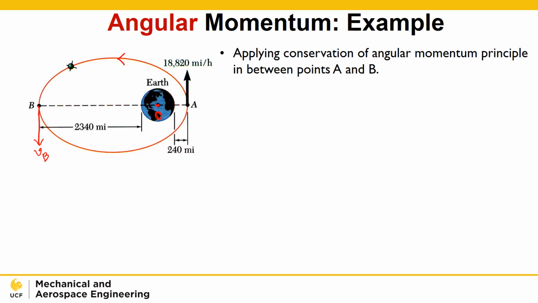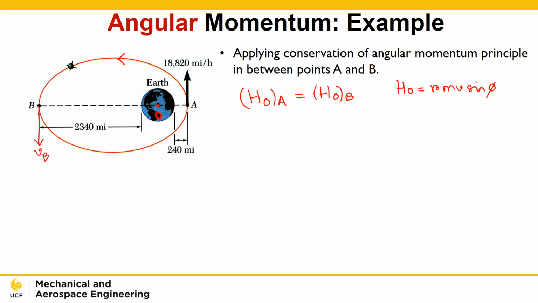The angular momentum conservation equation can then be written as H about O at A is equal to H about O at B. Recall from the definition of angular momentum, H_O is equal to r m v sine phi, where r is the radial distance from our point, mv is the linear momentum, and the angle phi is the angle between the linear momentum vector and the radial distance vector.